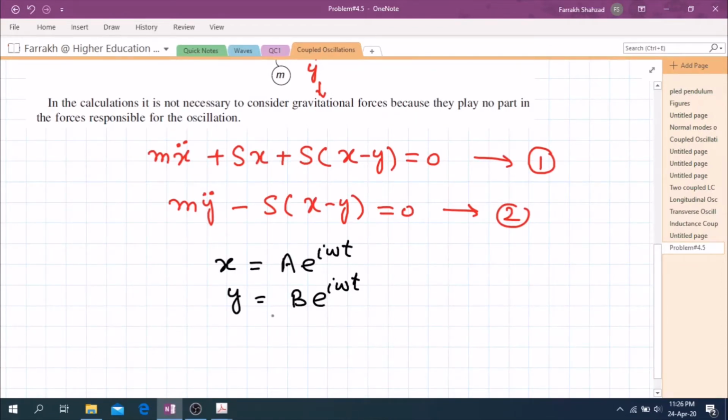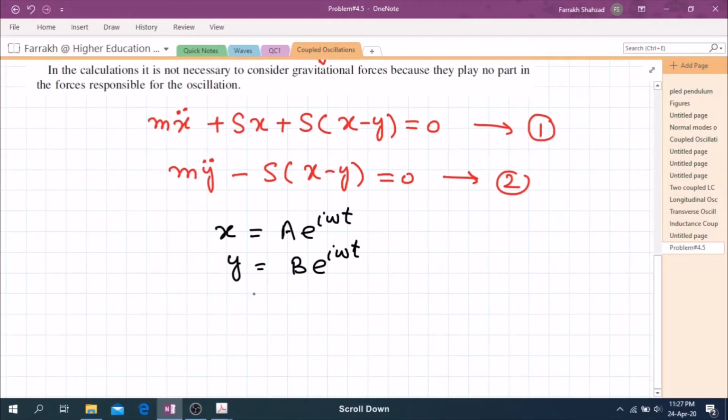If these are the solutions, then they should satisfy our equations. So putting the values of x and y in our equations, we need to find x double dot and y double dot so that we can use them in equations 1 and 2.